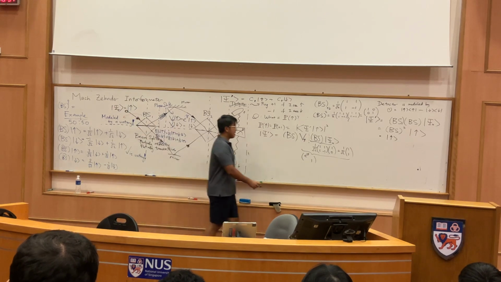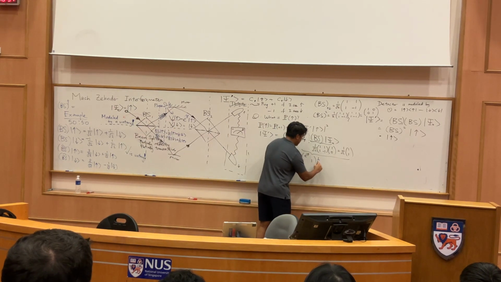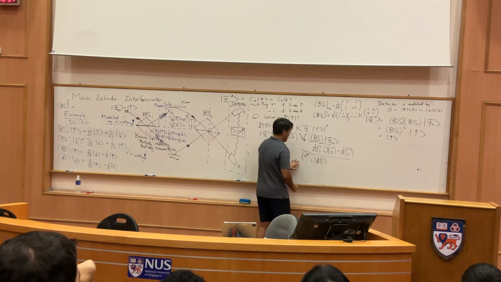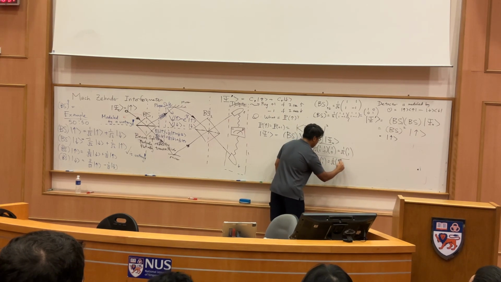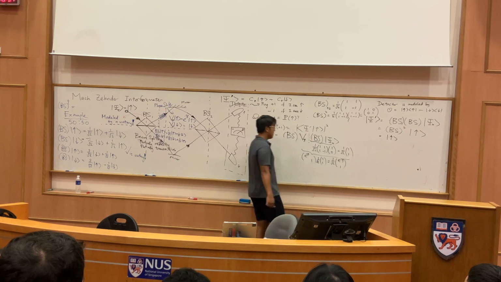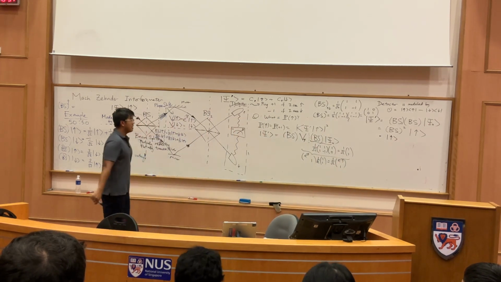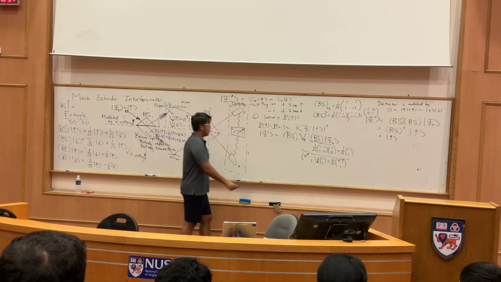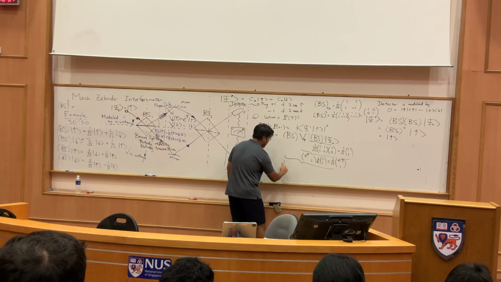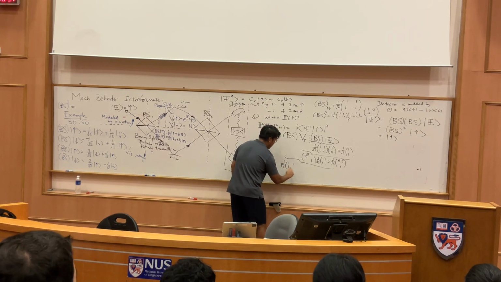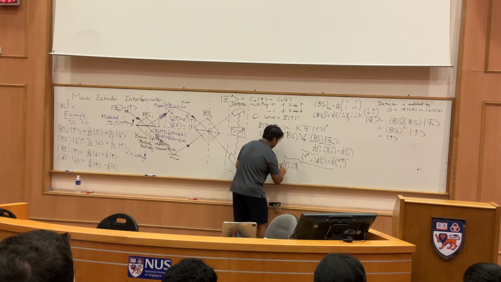So if I act on 1 over square root 2, (1, 1), that's equal to 1 over square root 2, (e to the i phi, 1). Nice? And lastly, I can act again with this beam splitter, 1 over square root 2, (1, 1; 1, minus 1), on 1 over square root 2, (e to the i phi, 1).